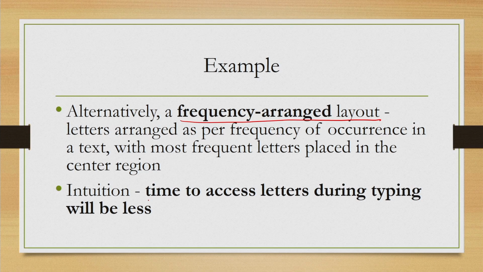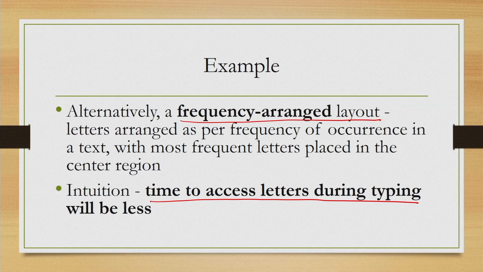Now, why is a frequency arranged layout likely to be a good choice? Because it reduces the time to access letters during typing. So, essentially we are trying to reduce the typing time and increase the typing speed, and frequency arranged layouts are likely to help us increase typing speed.